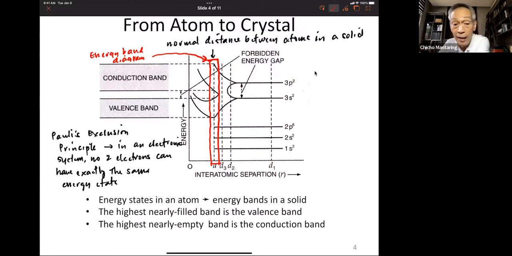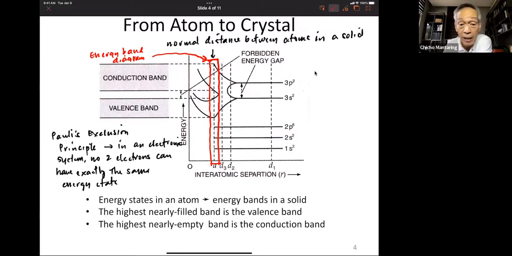The band formed by the electrons at the bottom is called your valence band, and the band formed by the electrons at the top is called your conduction band. What is the significance of each?